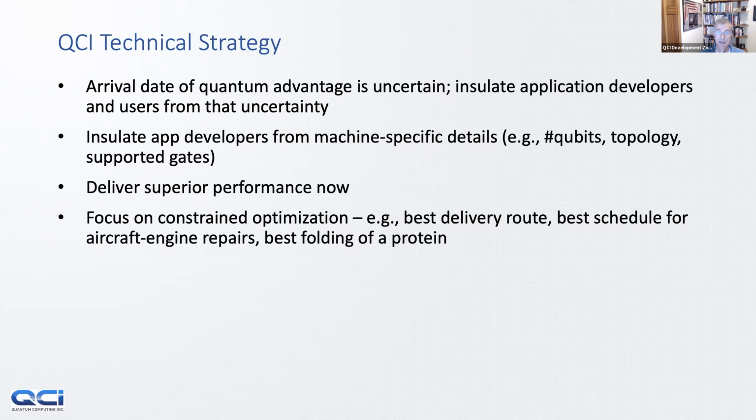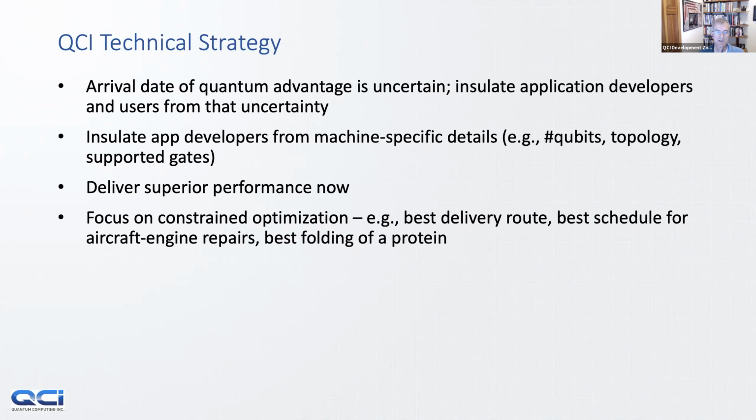And last, we at QCI are focusing on constrained optimization. This will come up again in the course of discussion, but there are things like the best delivery route, the best schedule for aircraft engine repairs, the best folding of a protein, et cetera.